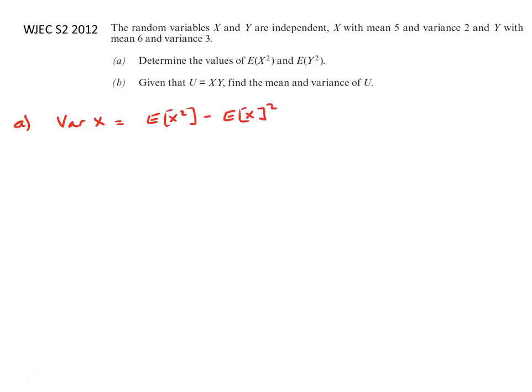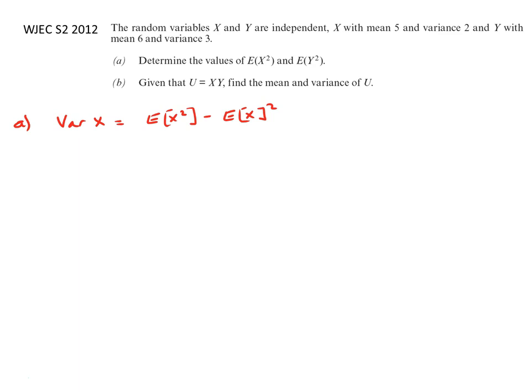Now this is where it's useful to recall the result that the variance of x is the expected value of x squared minus the expected value of x itself squared.